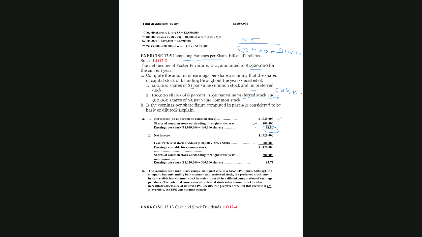Again, in our second analysis, we're going to start with the net income figure. That's always in the numerator, 1,900,000. Now, remember, if there is cumulative preferred stock outstanding, even if the dividend has not been declared, the amount of that cumulative preferred stock dividend must be subtracted from the net income.